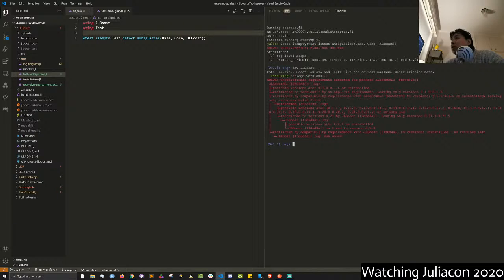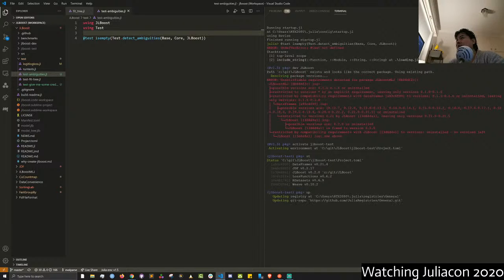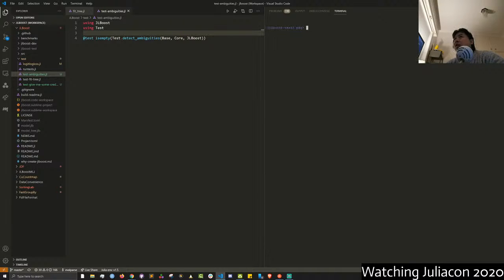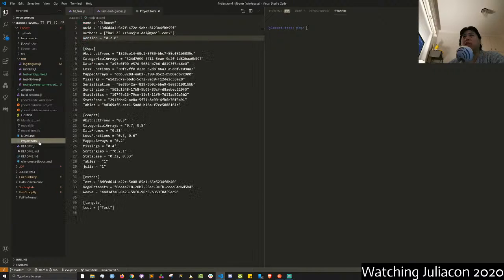Whoa. I have some requirements that are not resolved. Okay. Seems to be some issues with JLBoost. What's my JLBoost project? This looks fine.